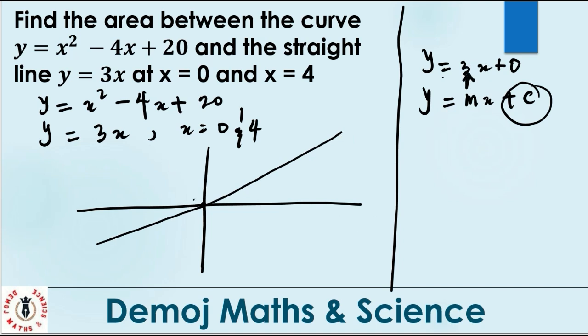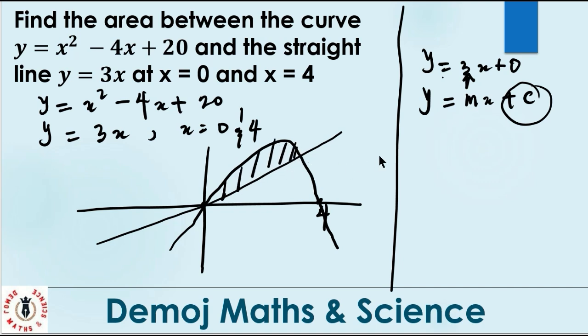We are told that this line passes through 0 and that they also intersect at 4. The curve will definitely pass through 0 too, because we've been told it passes through 0 and 4. So I draw my curve this way. The area we're interested in is the area between the curve and the straight line.